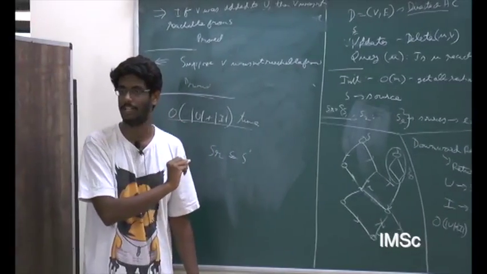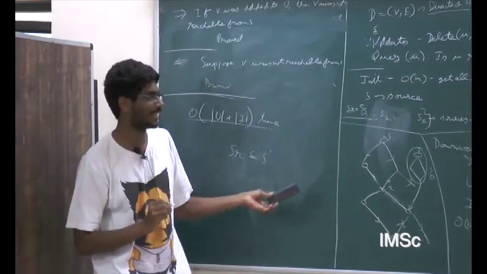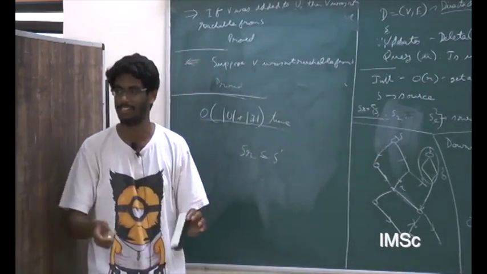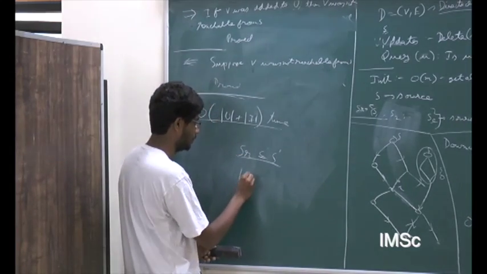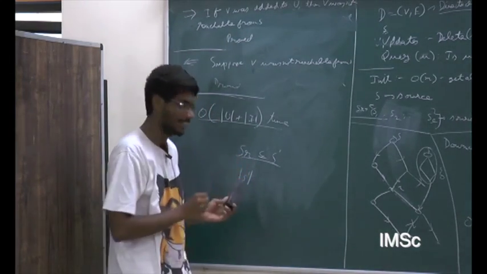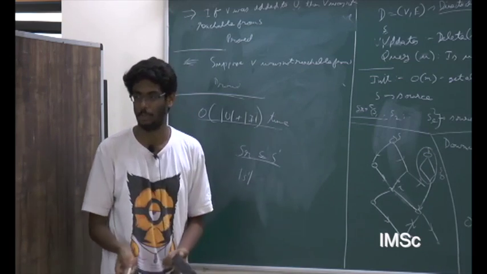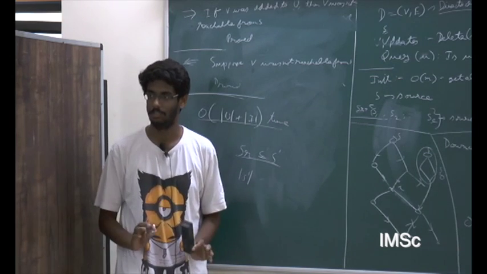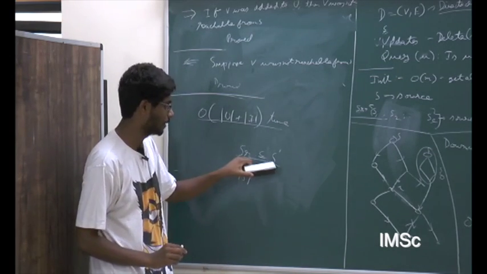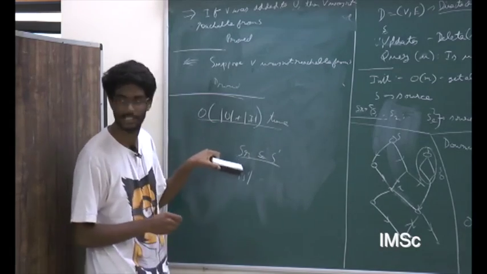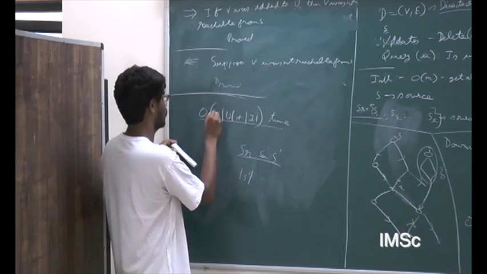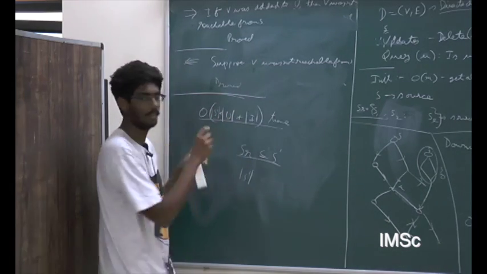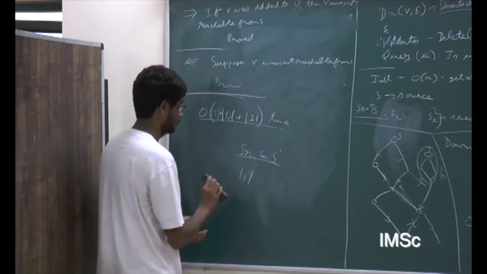We won't get the exact set of sources, but some larger set, and this can be checked in mod S prime time. We just loop over the vertices and see which are the sources and take those. So in mod S prime time, we find the actual set SR and then go through the entire thing. The running time is mod S prime plus the rest.